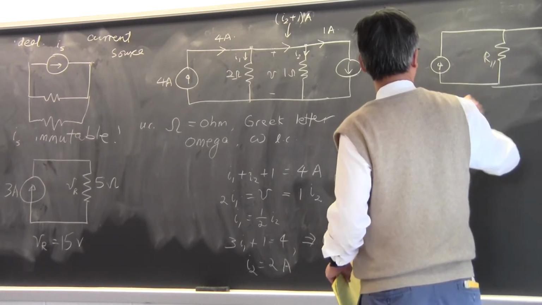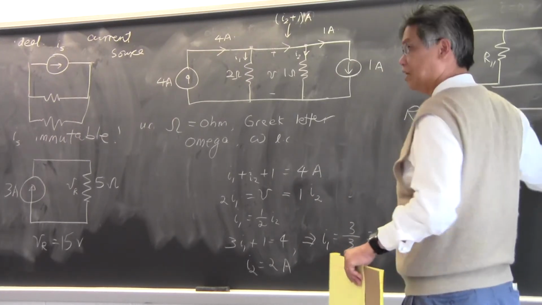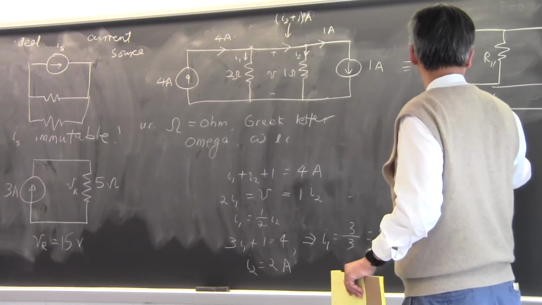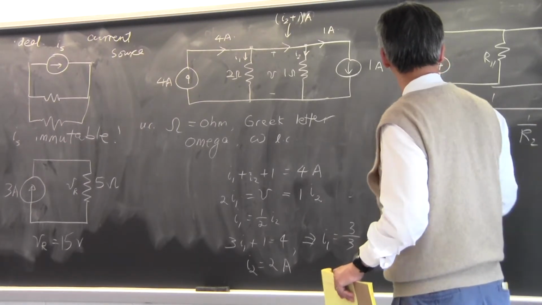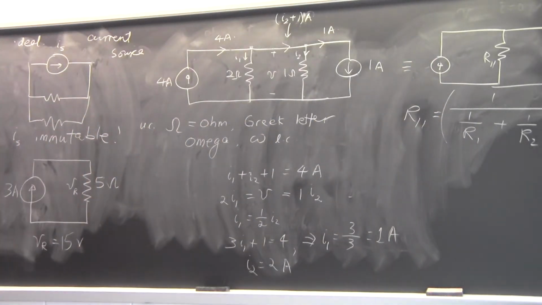And R parallel is equal to, I'm sure that you have learned this formula before from some other courses, 1 over R1 plus 1 over R2. When you connect two resistors in parallel, you get a new resistor and you can work with the reduced form of the circuit instead of working with the more complicated circuit.